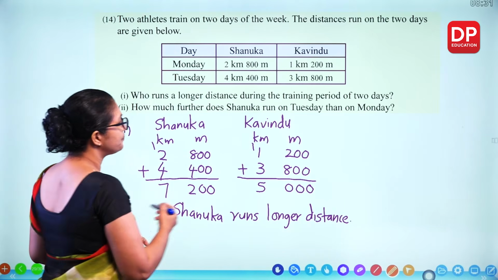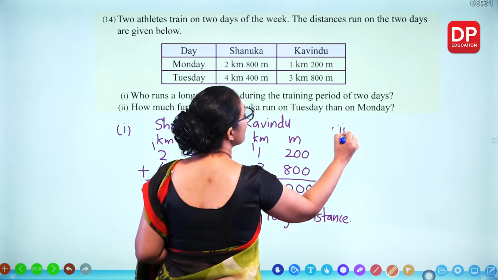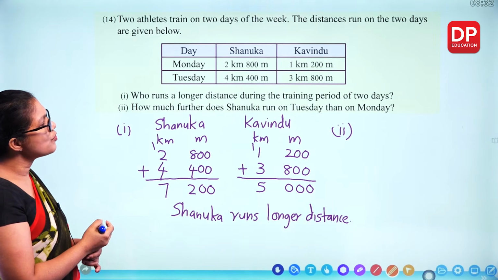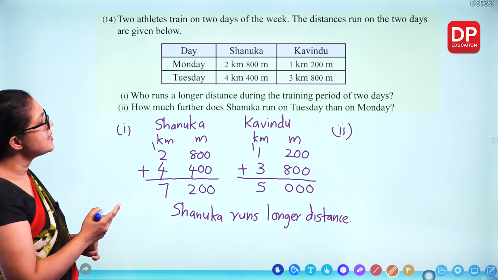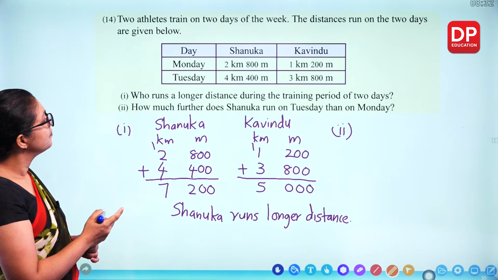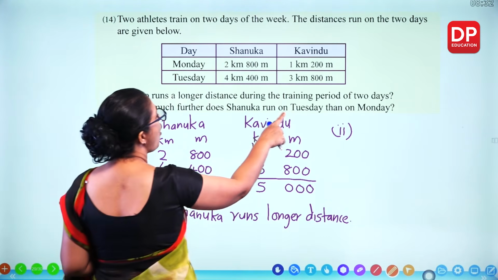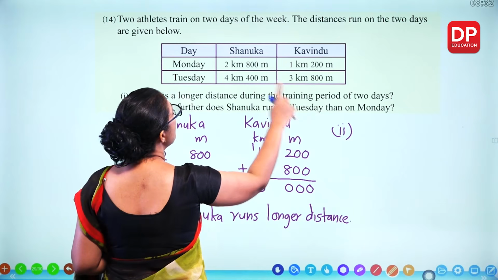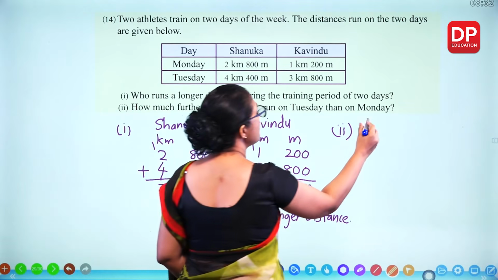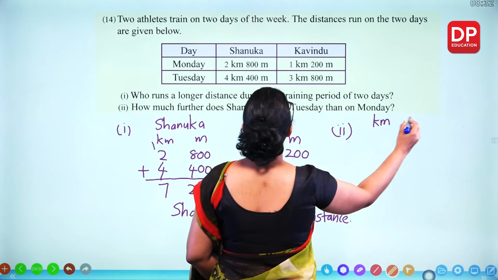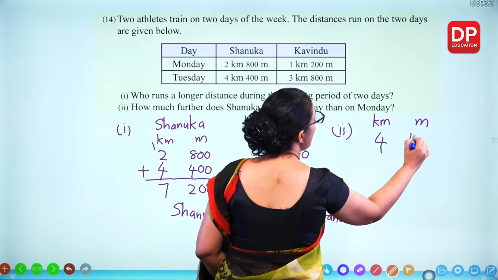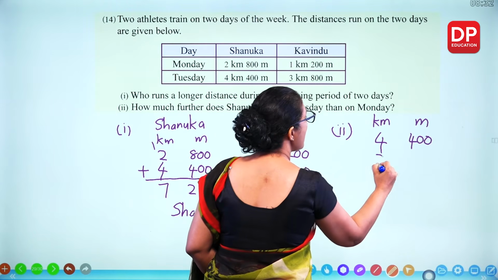Part 2. How much further does Shanuka run on Tuesday than on Monday? So that means take the difference. Kilometers, meters. 4 and 400 here, 2 and 800.